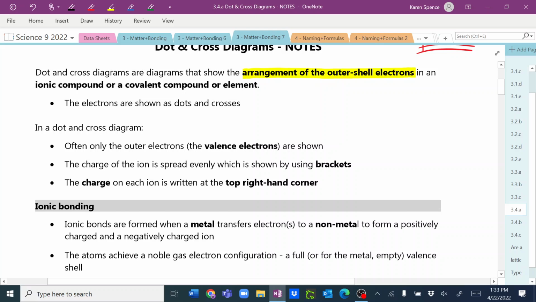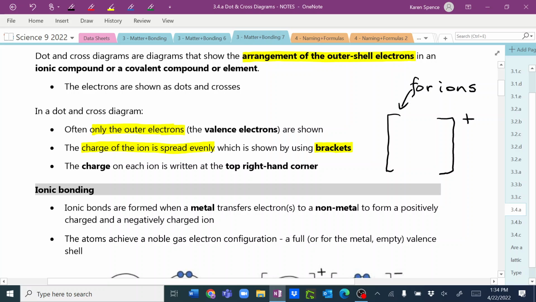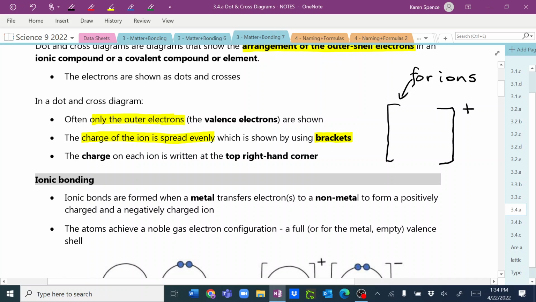So in ionic bonding, who gives the electrons and who takes the electrons? Tell your partner. Who are the electron givers? Who are the electron takers?